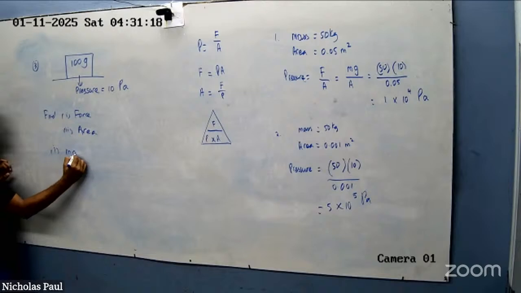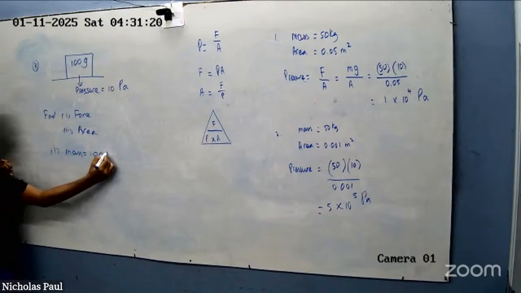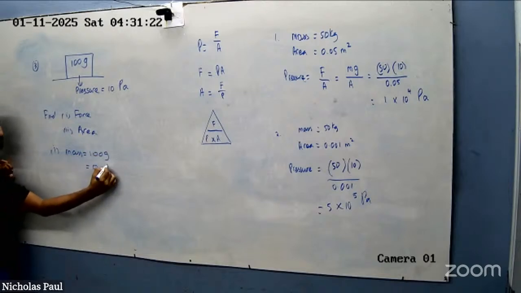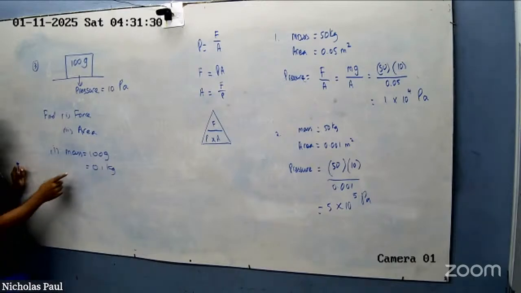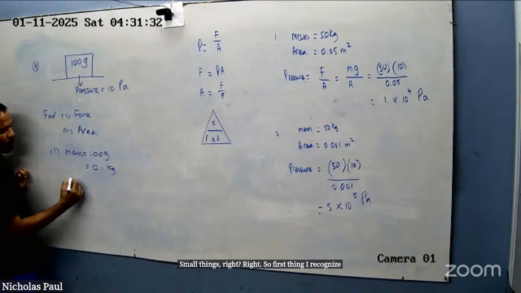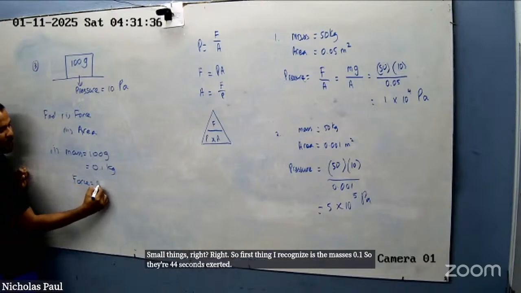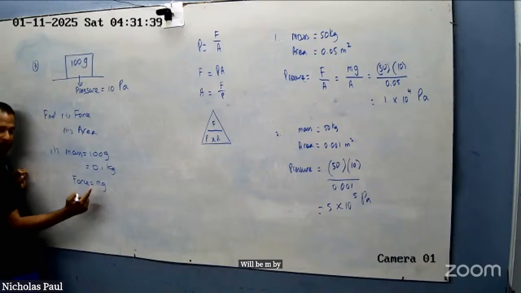Mass is equal to... small things like that, right? So first thing I recognize is the mass is 0.1 kg. Therefore the force exerted will be M by G. Always write your formula, substitution, answer.